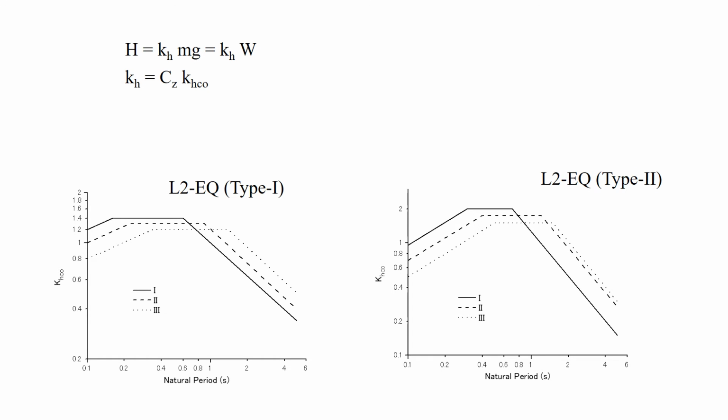For ground class 1, the maximum value of KHC0 for L1 earthquake is 0.2. That for L2 earthquake type 1 is 1.4. That for L2 earthquake type 2 is 2.0.